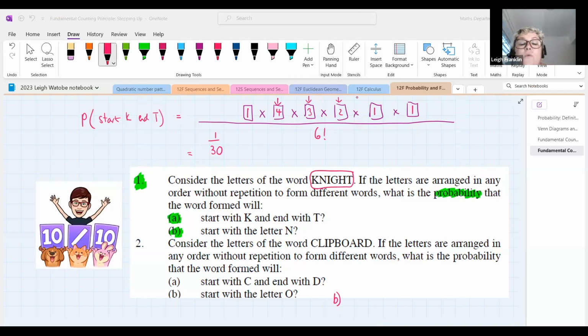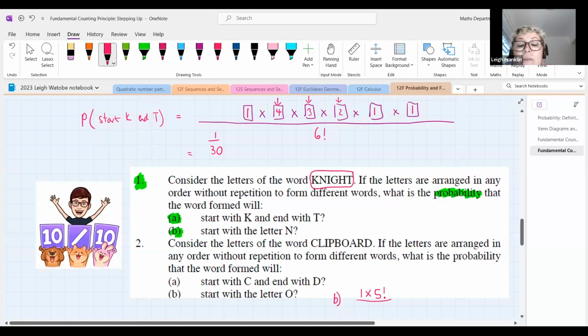Yes, that's fine. Okay, so it starts with the letter N. The first block can only be filled in one way. There are 5 remaining letters, and they can be arranged in any which way we like. So that would be 5 factorial.